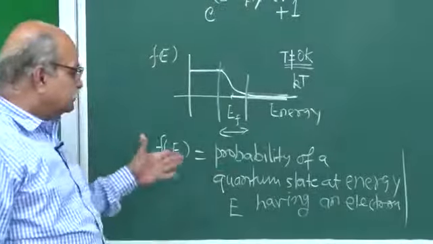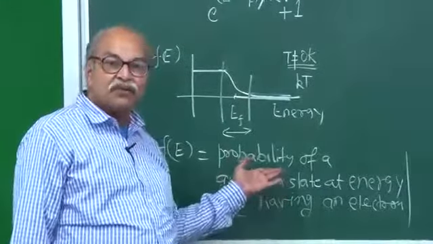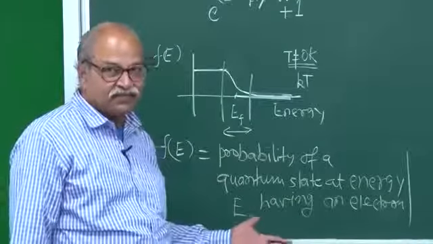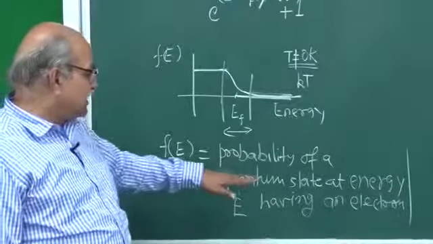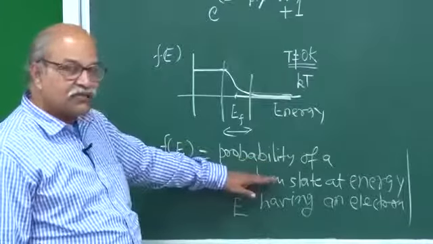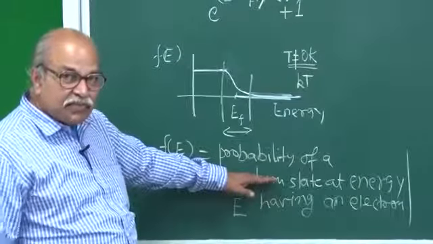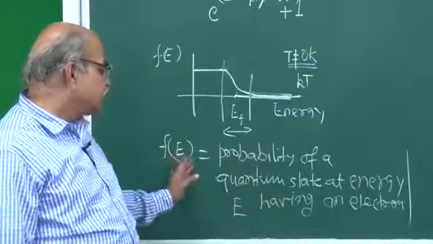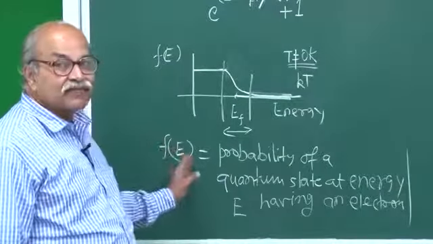You remember no quantum state can have more than one electron. So either it has an electron or it does not. So if the energy of that quantum state is E, then the probability that it does contain an electron is given by this function.